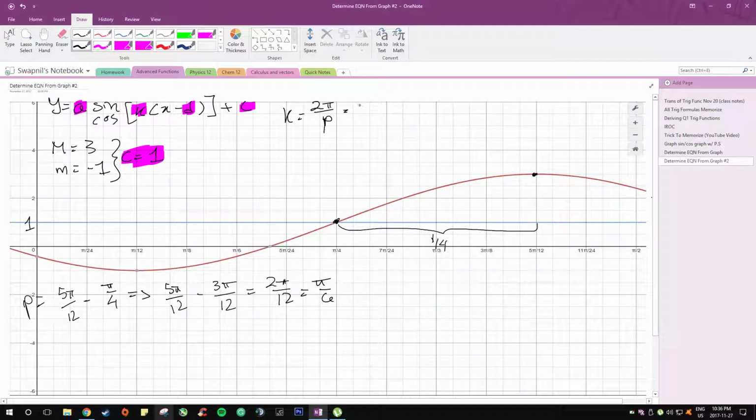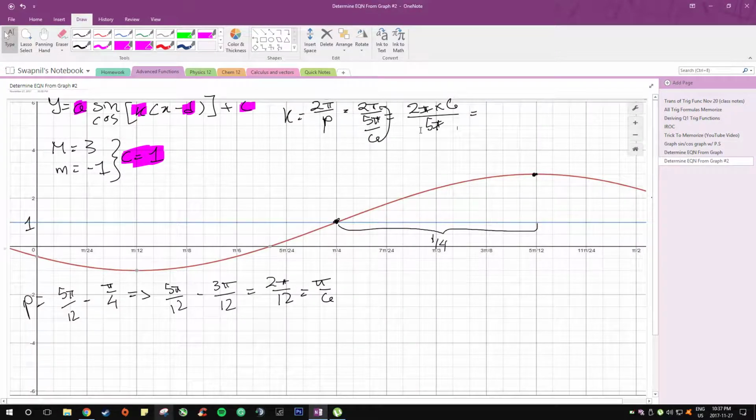So then we can put that into this equation: 2 pi over 5 pi over 6. The rule is you multiply this value by this, and this stays as a denominator. So 2 pi times 6 over 5 pi, and the pi's cancel out, and this becomes 12 over 5. Oh no, we forgot to do something.